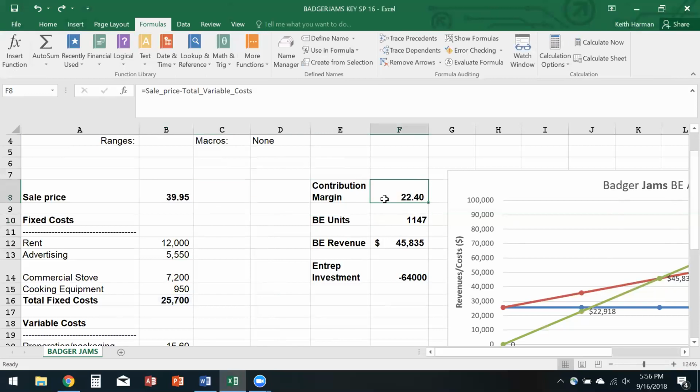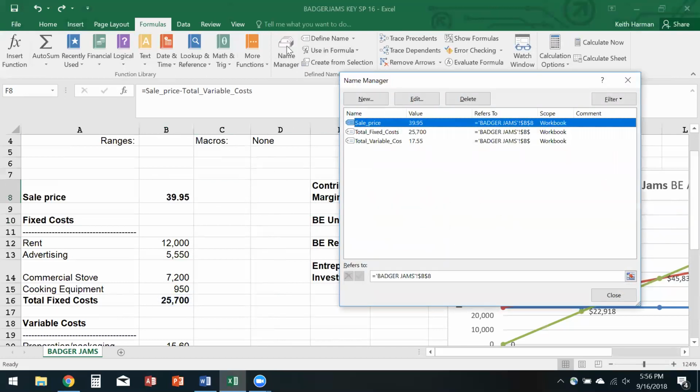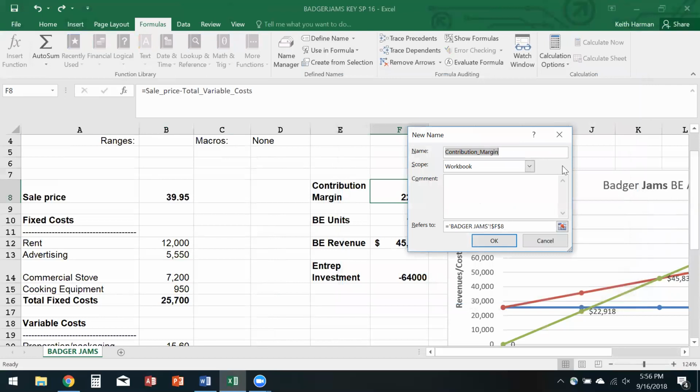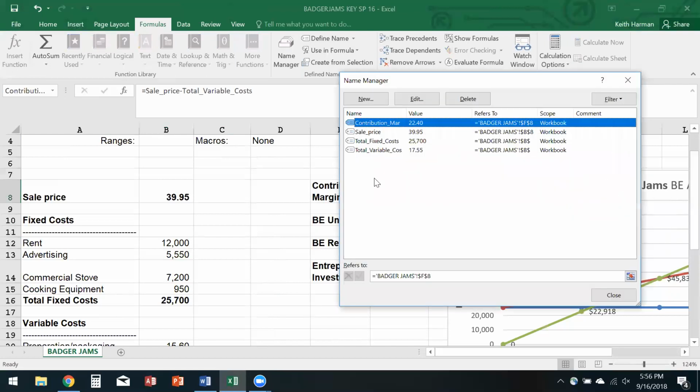This is sales price minus the total variable costs. All right, and we're going to use this in a formula. Let's go to Name Manager. And that'll be the total. Oh, there we go. Now I'll have the contribution margin in there. All right. Now I'm ready to use these.